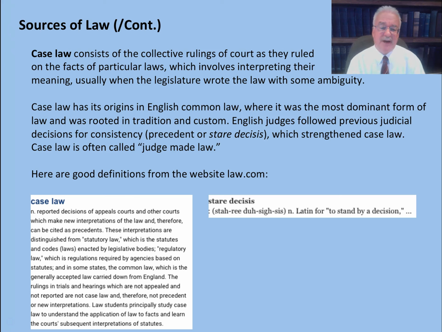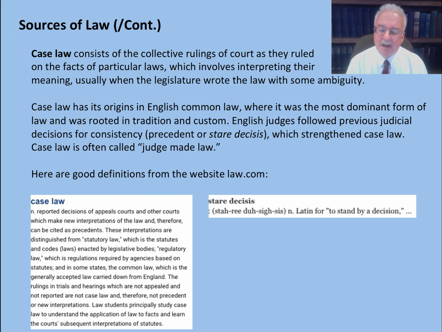English judges followed previous judicial decisions by other judges for consistency. This is called precedent, or stare decisis. And this consistency, these continuous rulings, strengthened case law. Case law, therefore, is often called judge-made law.